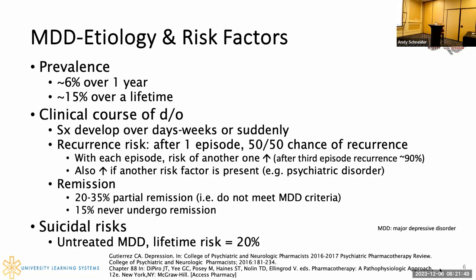There are studies showing that patients who are treated effectively with antidepressants tend to have healthier lifestyles, fewer comorbidities, and even a higher life expectancy than those with depression that goes untreated or suboptimally treated. Suicidal risk is about 20% in your lifetime.